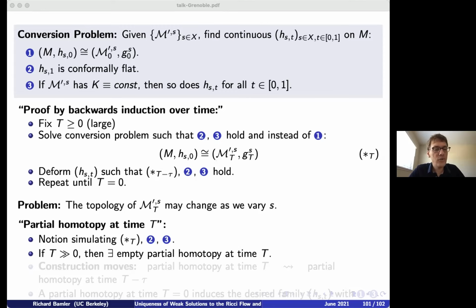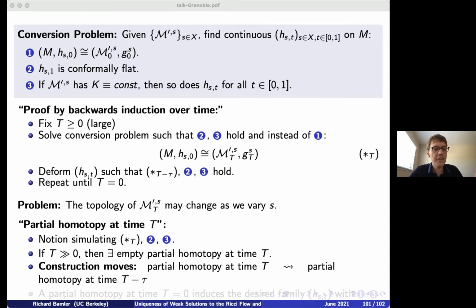If I choose t very large, then the family of these time slices is just going to be empty, right? Because all these flows go extinct after some time. So if t is very large, then I can find an empty partial homotopy at time t. So I can show existence of a partial homotopy at time t for t very large. And then this definition will be flexible enough to allow certain construction moves.